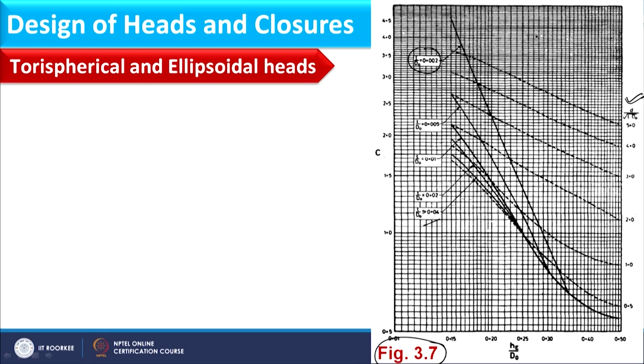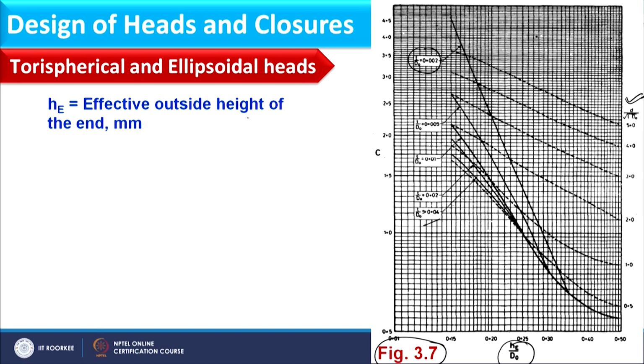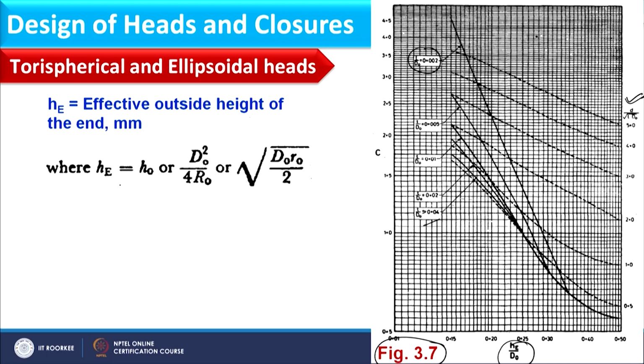So, first of all, to use this we have to find He by d naught. D naught is the outer diameter of head or shell, so that we already know. How to find out the value of He, that I have to speak on. He is basically the effective outside height of the end, and that can be determined as, here we have H0, d0 square by 4 R0 and root over d0 R0 by 2.